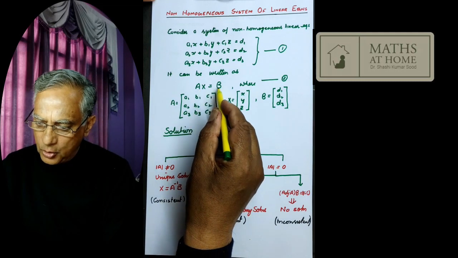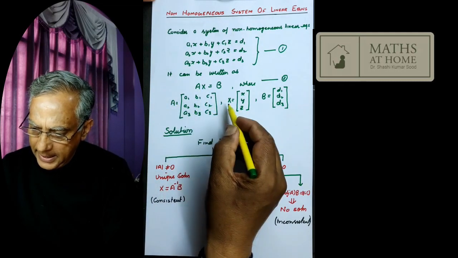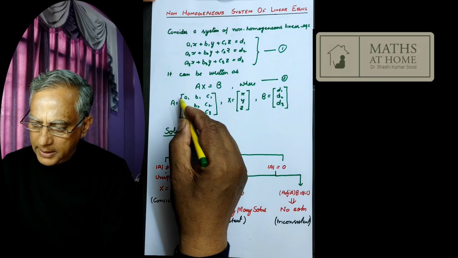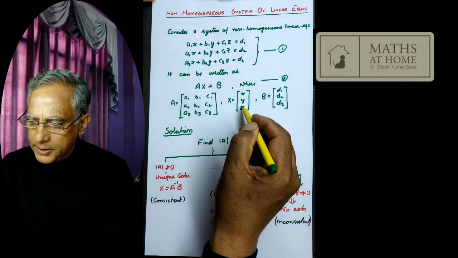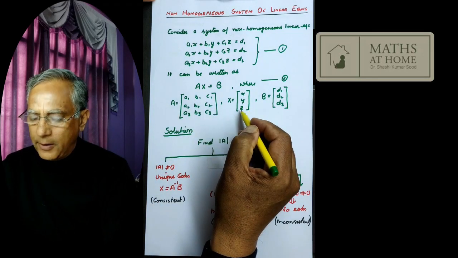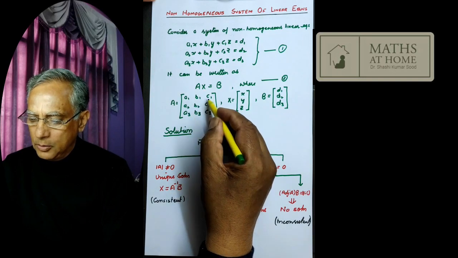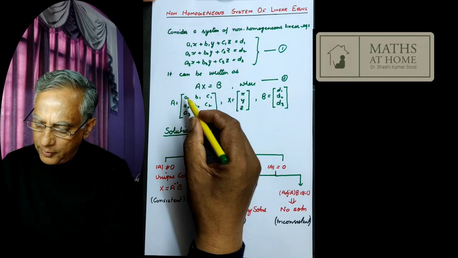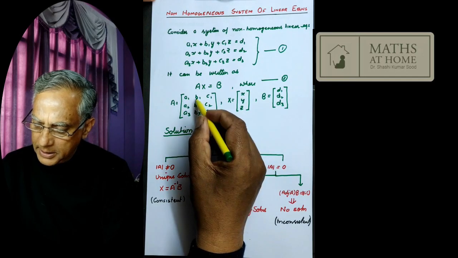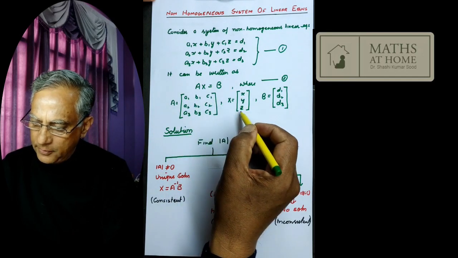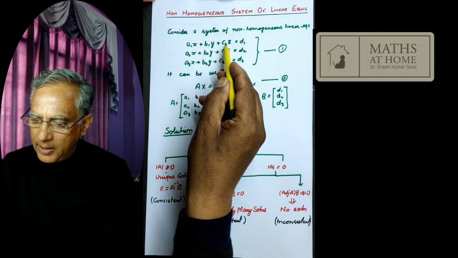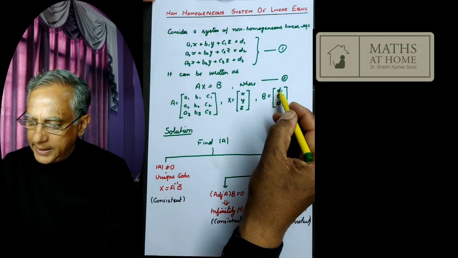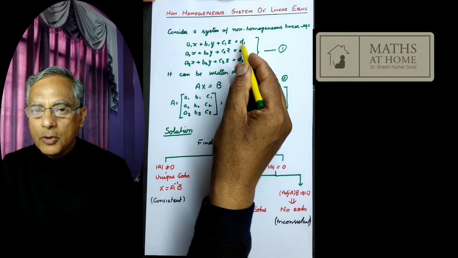Now AX equal to B. Multiply A with X. What we do is multiply the first row with all the columns. There is only one column, so only one column will be multiplied with the first row. So multiply this row with this column. We will get a1x plus b1y plus c1z, and the first entry here is d1, so this must be equal to d1.